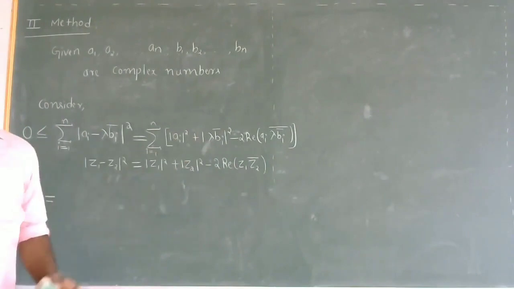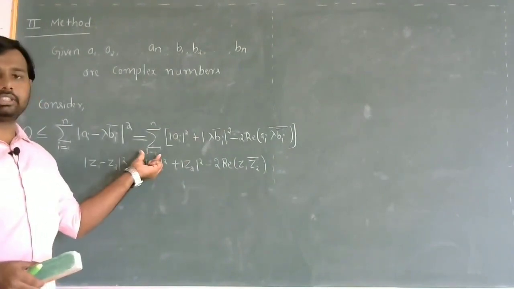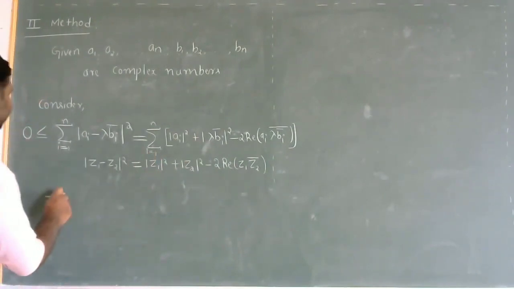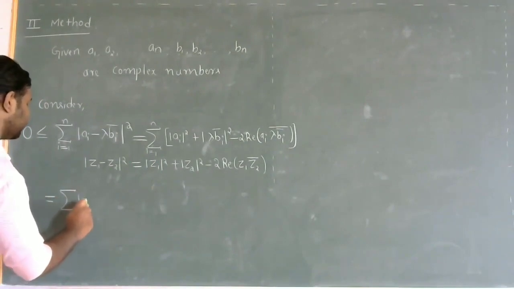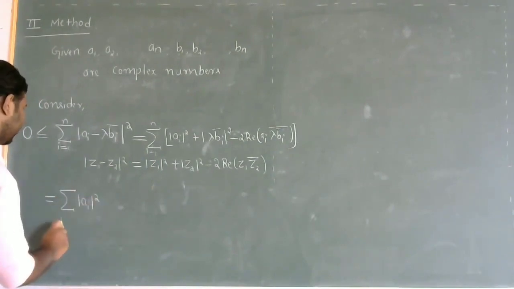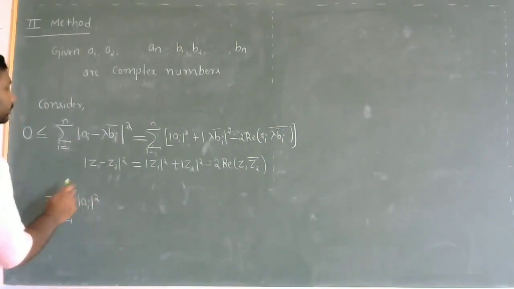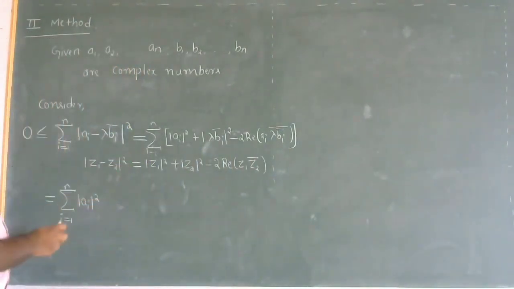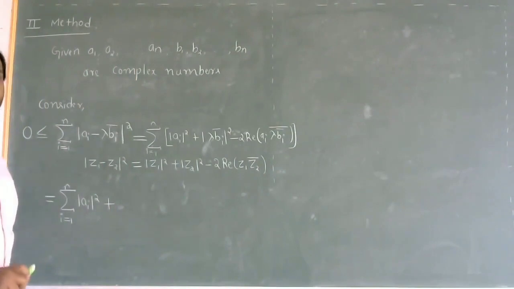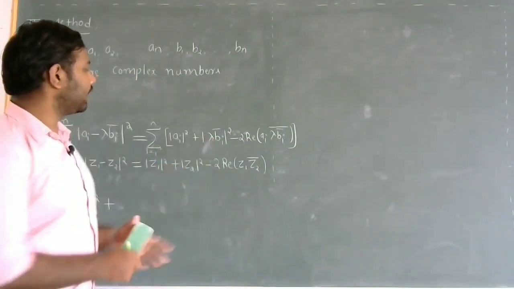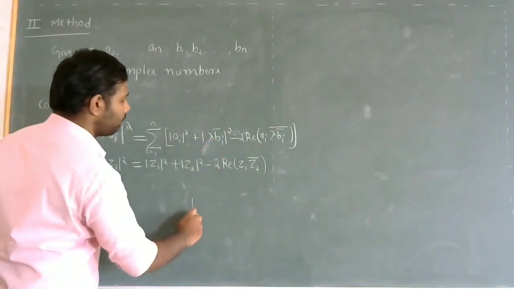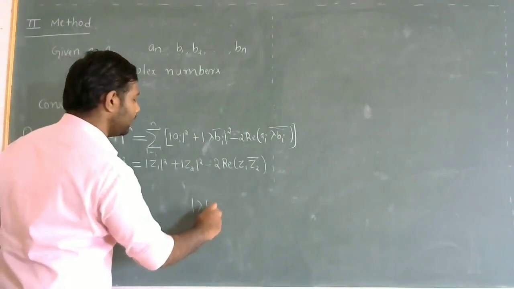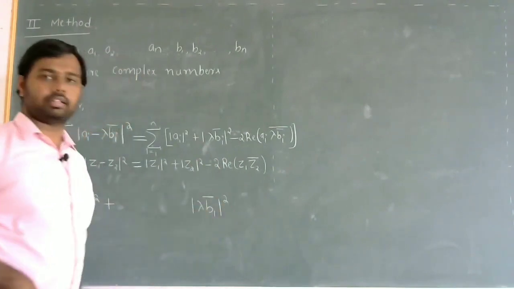So in the next step, split the summation. Summation of modulus of ai whole square, i running from 1 to n. We have a summation of 3 terms, so split the summation for all the 3 terms. Plus, actually I have to write the summation of modulus of lambda bi bar whole square, right?